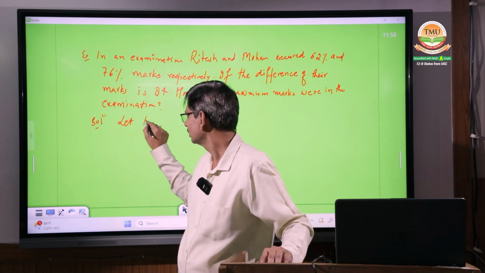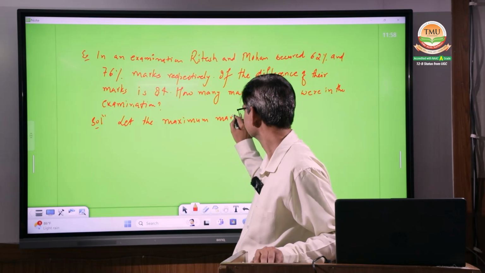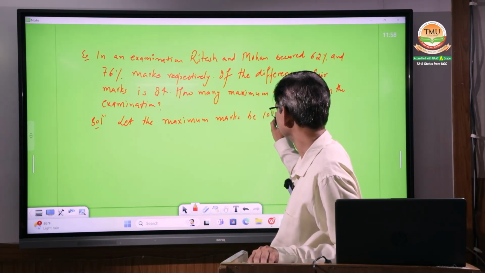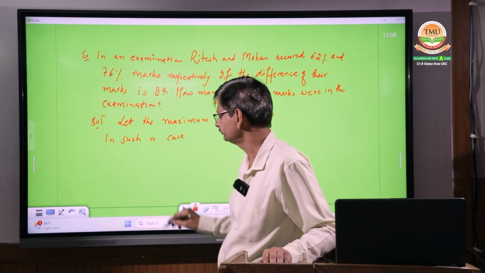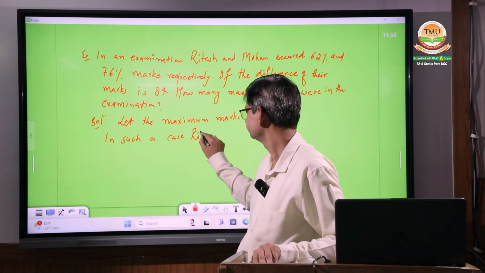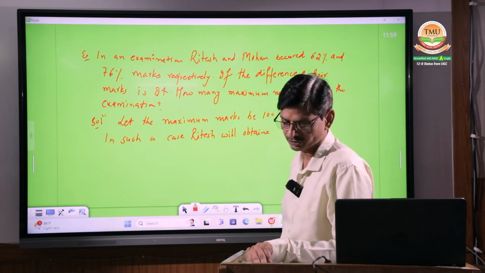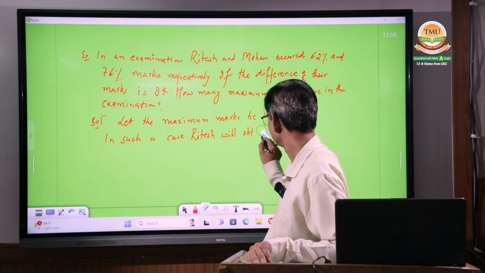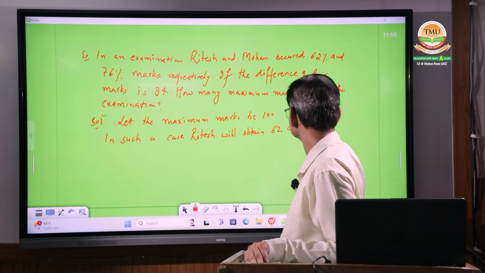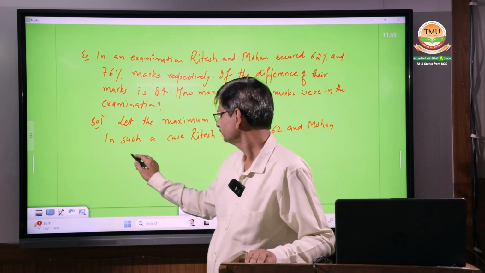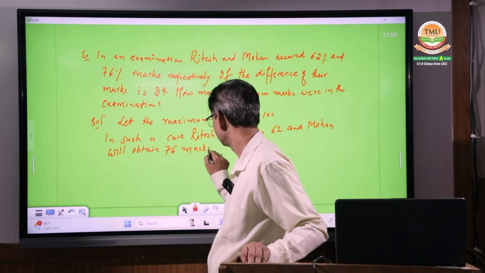Suppose the maximum marks be 100. In such a case, Ritesh will obtain 62 and Mohan will obtain 76 marks.